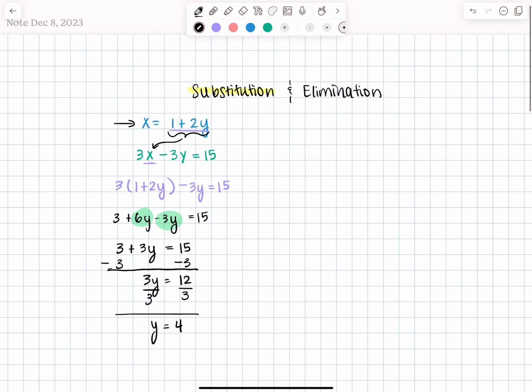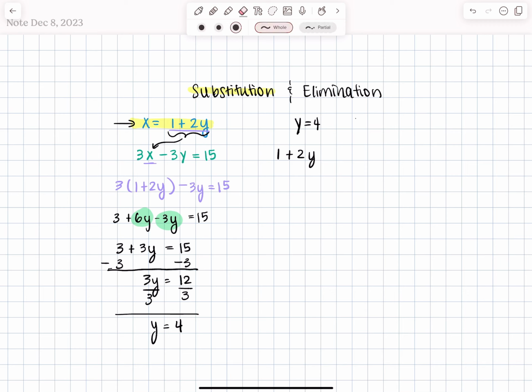So y equals 4. Now that we know y equals 4, we can plug this back into any equation. I'm going to pick the first one because it's easier to deal with. So when I plug 4 in for y in this equation, x equals 1 plus 2y.